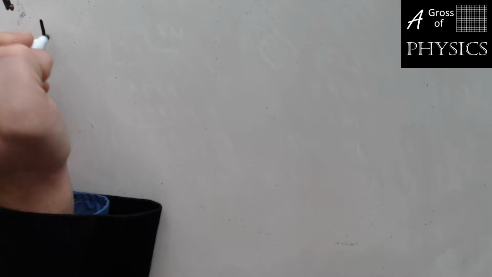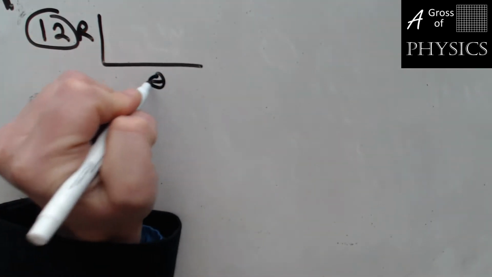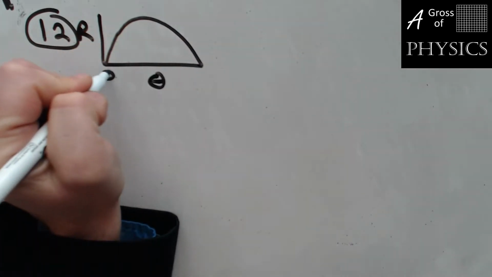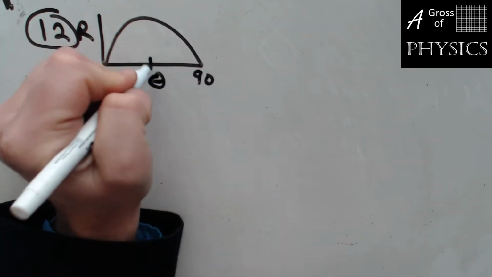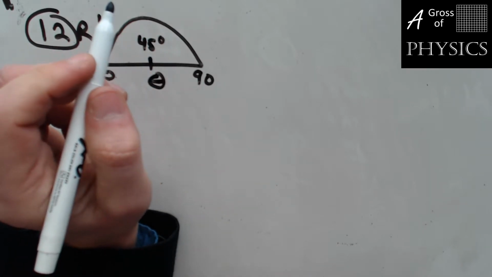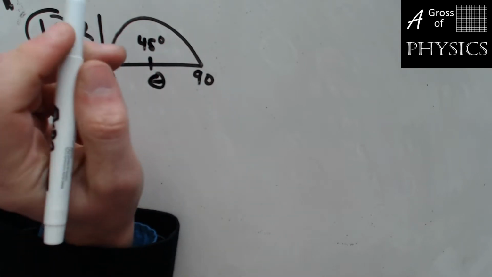All right, for number 12, we have a graph of range versus angle. And it looks like this. And this is 0 angle, this is 90, and this is 45. And the graph shows that the range of projectiles is the same for all angles. So no, it's not a flat line.